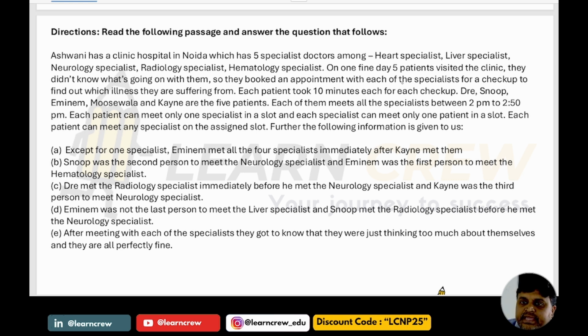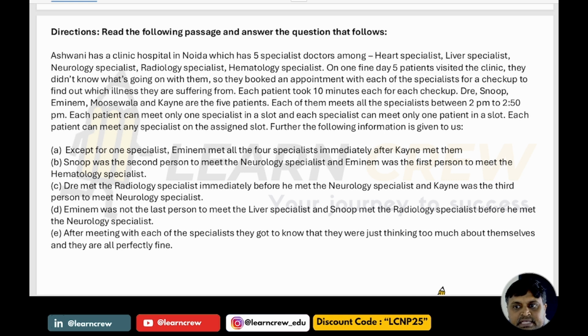On one fine day, 5 patients visited the clinic. They didn't know what was going on with them, so they booked an appointment with each of the specialists for a checkup to find out which illness they are suffering from. Each patient took 10 minutes for each checkup.